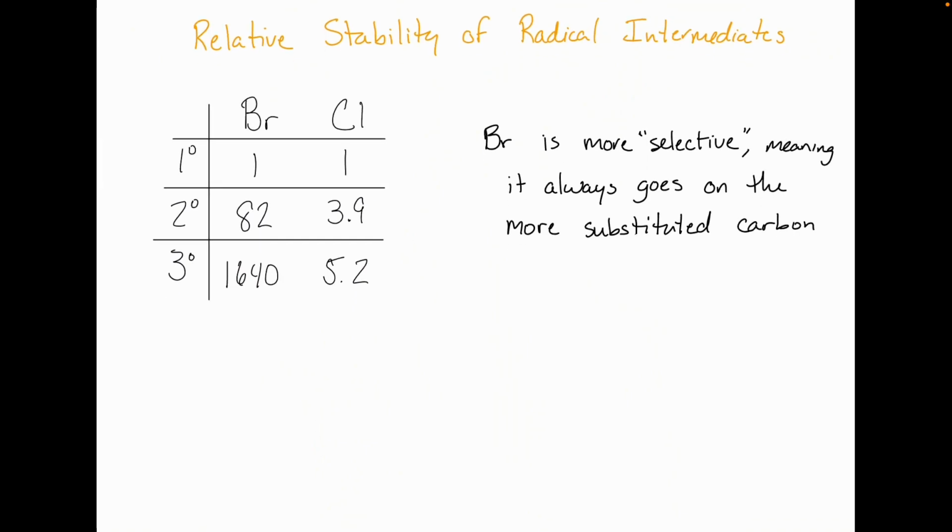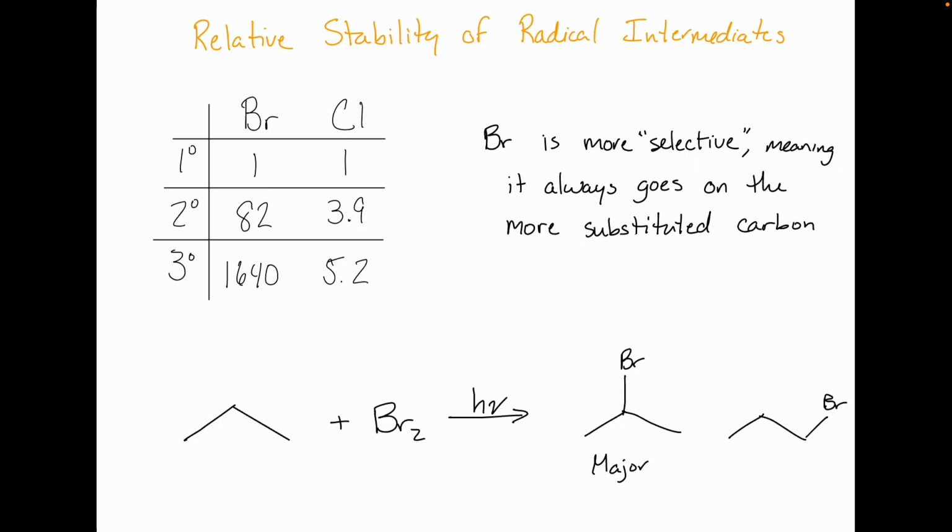So for example, if we take that same propane and react it with bromine in this radical halogenation reaction, where we're going to use light, since bromine is more selective, it's going to go on the more highly substituted carbon. So out of my two products here, I can determine that this is going to be the major product.